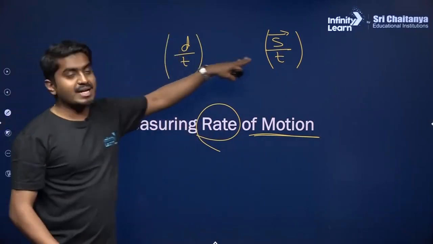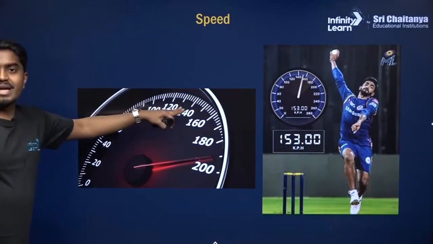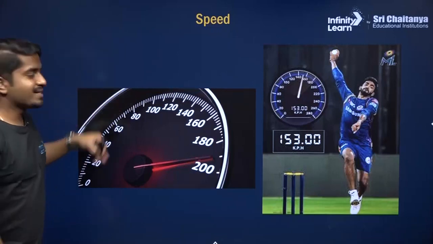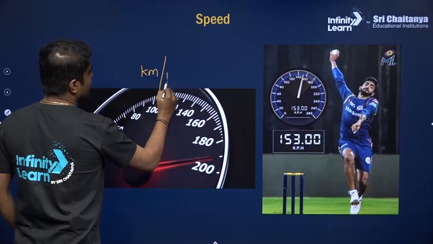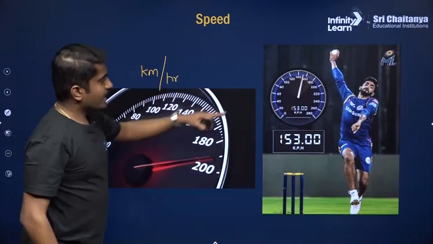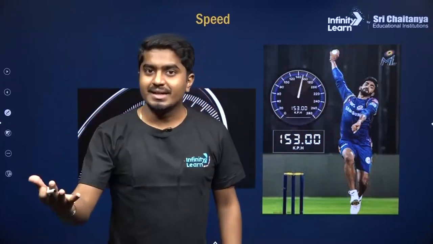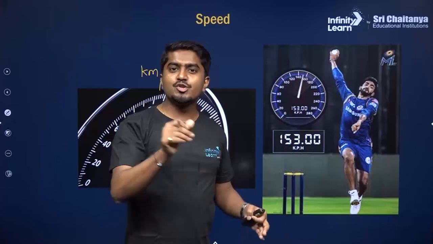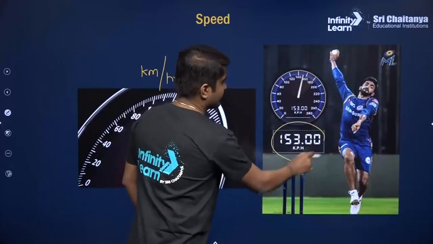So let's understand these two. Have you seen a speedometer in your car or in your bike? It is written kmph or kilometers per hour. If a bowler is bowling, when you watch cricket, below that they will show the speed of the ball.